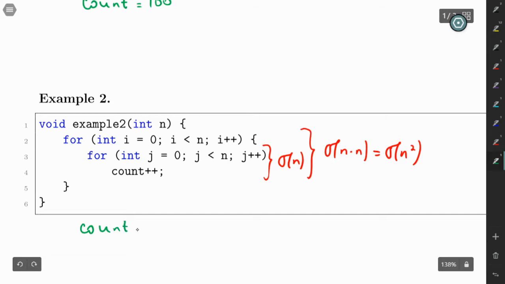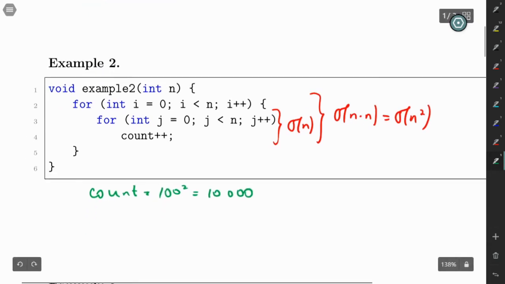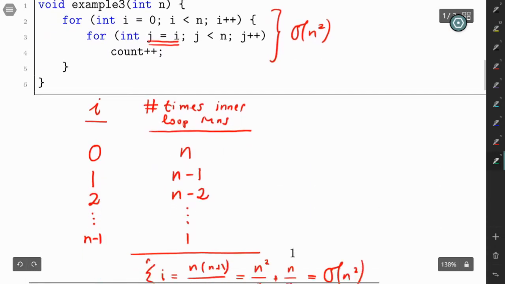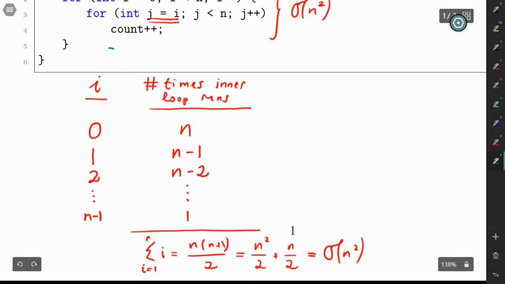So this is going to be 100 squared, which is 10,000. And then in this one, well, let's figure it out. Let's use the formula. So count is going to be 100 times 100 plus 1 all over 2. And if you crunch the numbers, this is going to be 5,050.